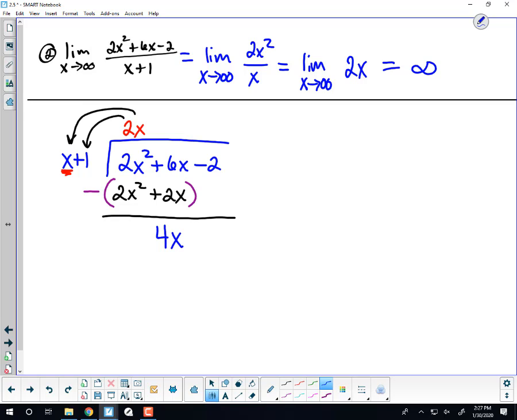Then with numerical division, you bring the next number down, or digit. Here we're just going to bring the next term down and then repeat that process. What do I need to multiply x by to get 4x? Positive 4. Distribute the 4 to the x plus 1.